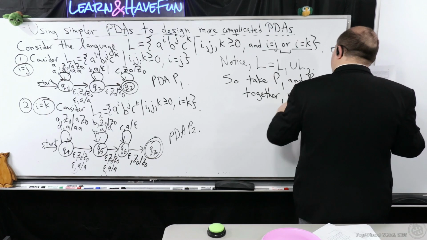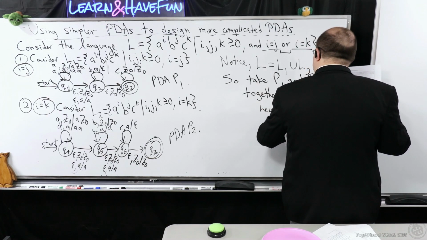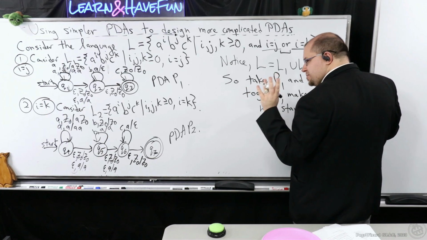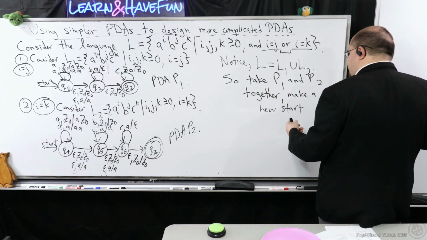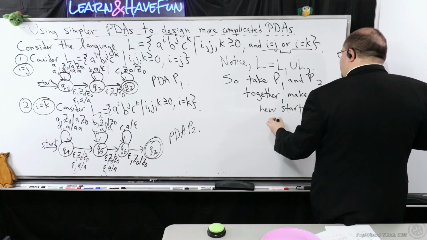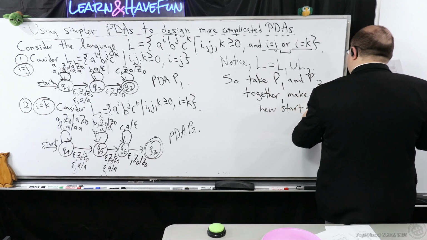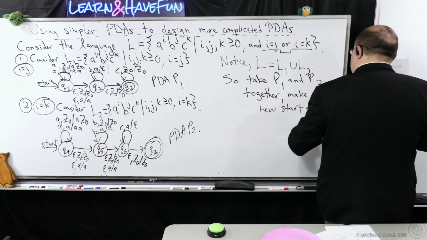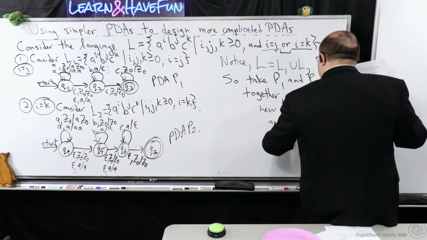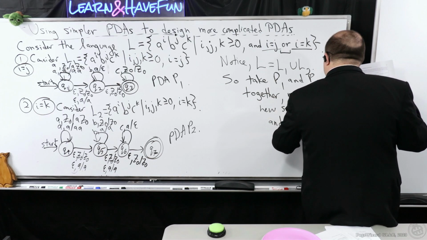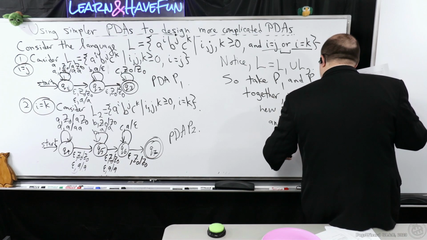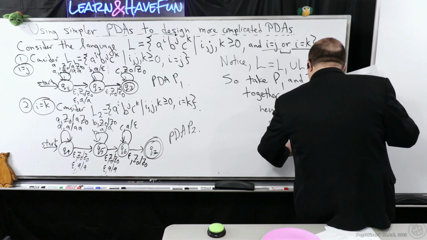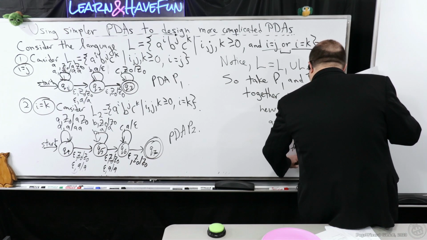Make a new start state. This is something that you might have seen when we were exploring epsilon NFAs. We can do something very much like this here. So make a new start state, Q0, and introduce epsilon moves to the old start states.